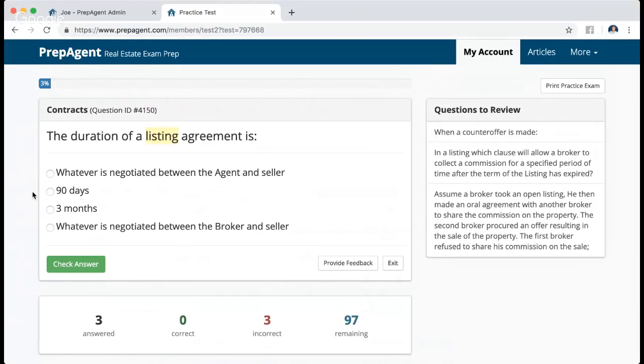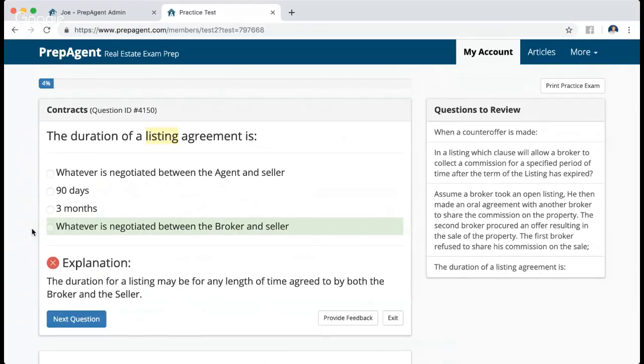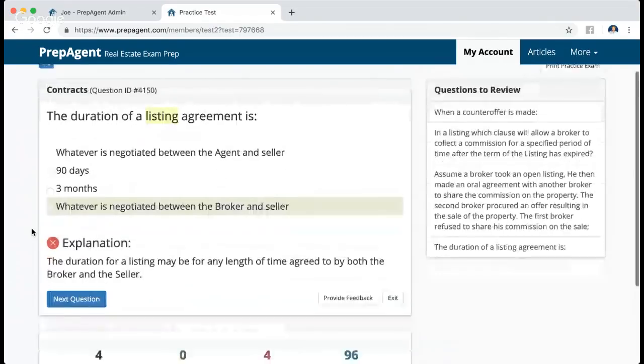Okay, the duration of a listing agreement is A, whatever is negotiated between the agent and the seller, B, 90 days, C, 3 months, or D, whatever is negotiated between the broker and the seller. Okay, it's whatever is negotiated between the broker and the seller.